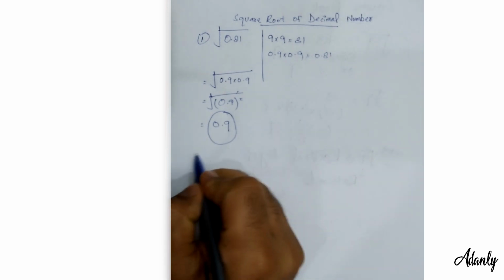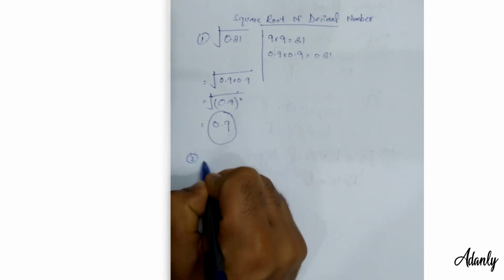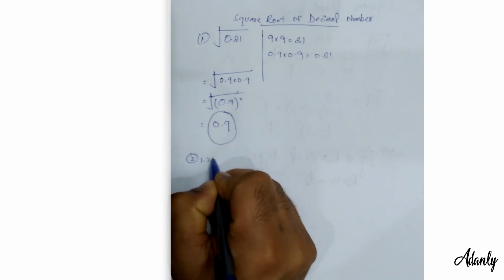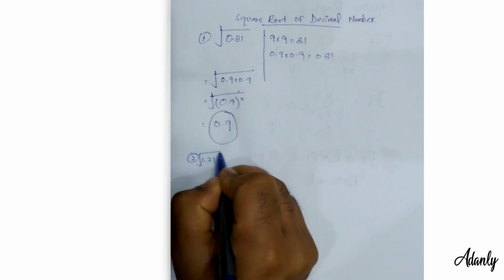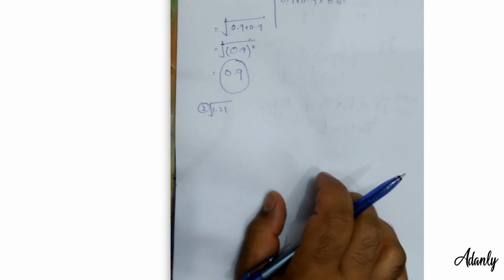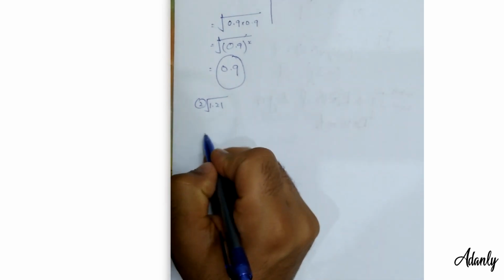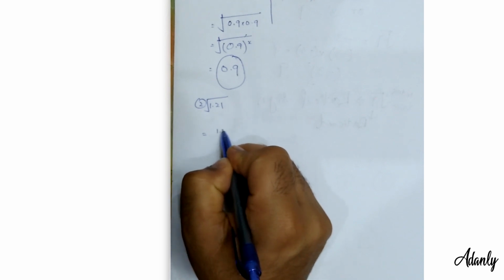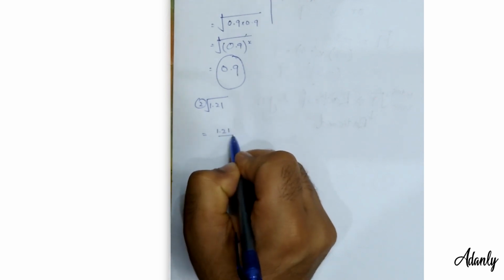We have another example. If we want to find the square root of 1.21, we will divide this 1.21 by 100.